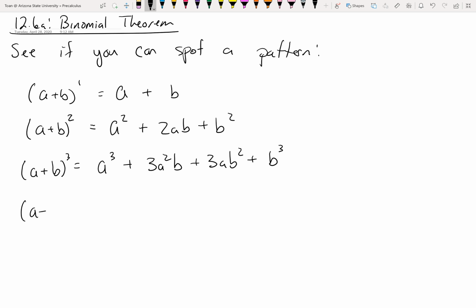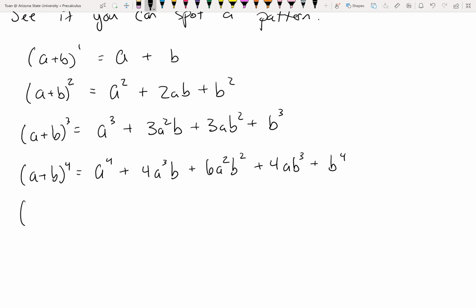What if you raised it to the 4th power? You would have gotten a to the 4th plus 4a cubed b plus 6a squared b squared plus 4ab cubed plus b to the 4th. What if you raised it to the 5th power?